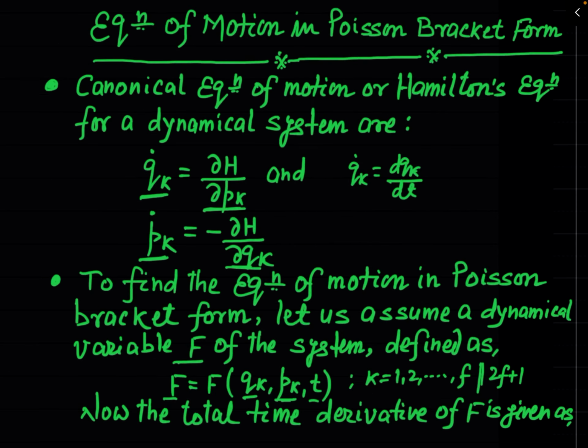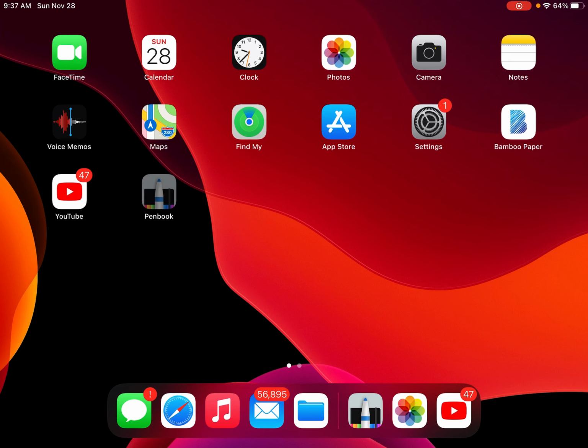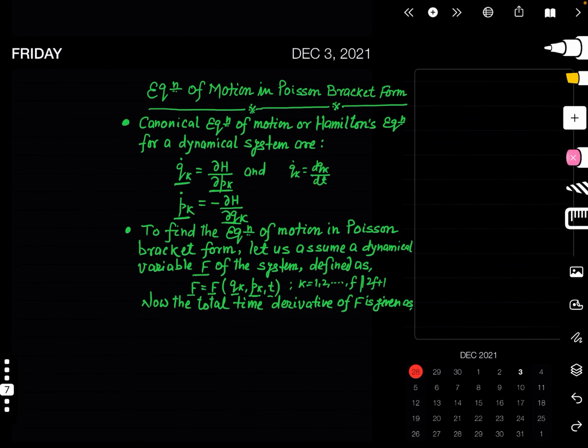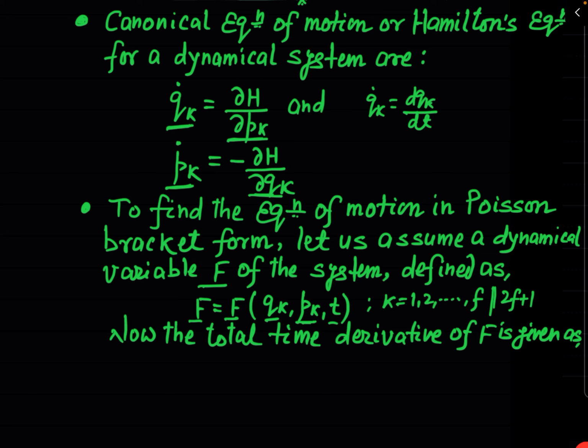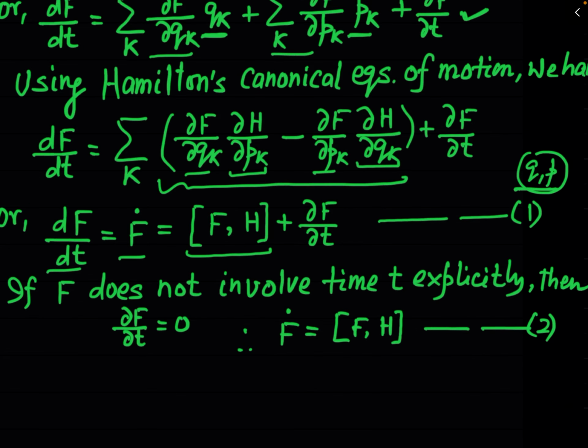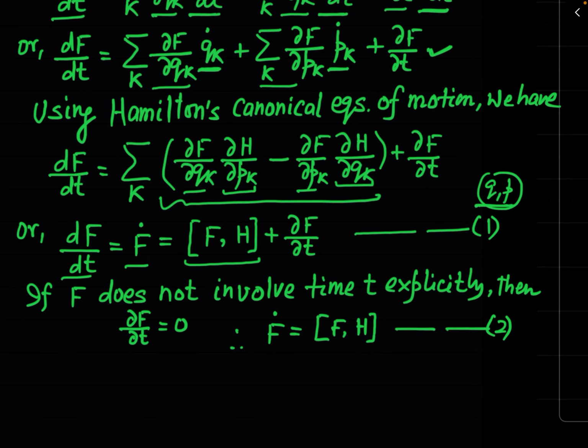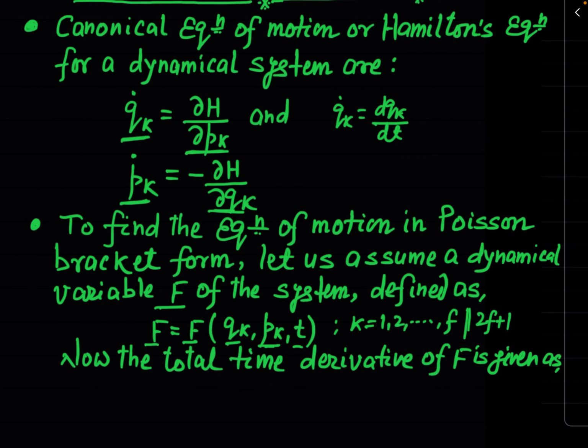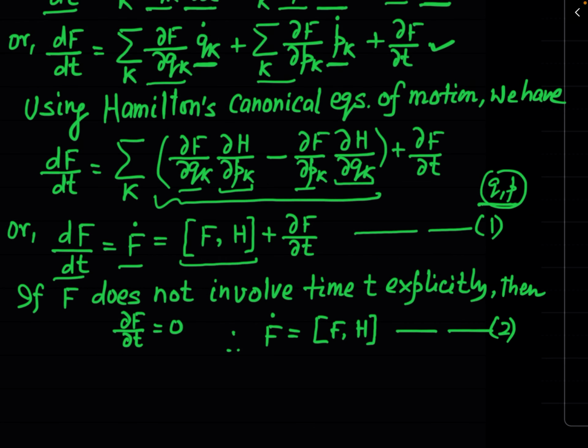Now as you can see, we have considered that this dynamical variable of the system f is a function of t too. So since f is a function of t, this term del f by del t appears here.